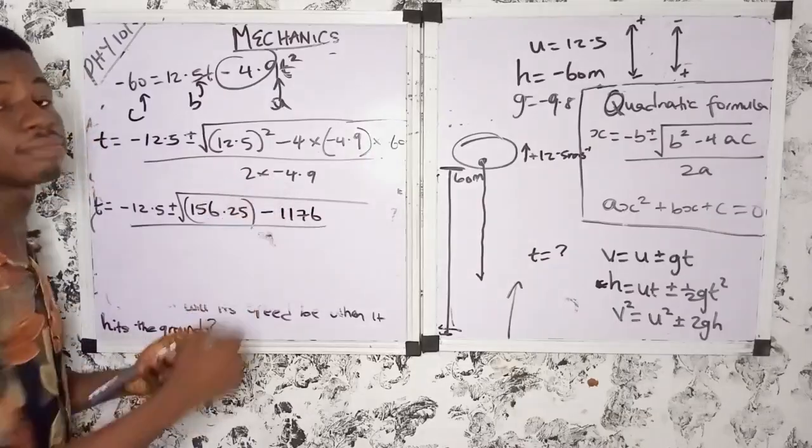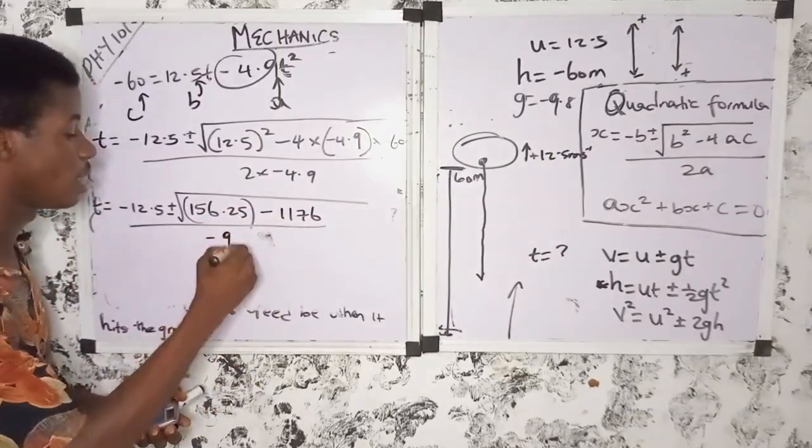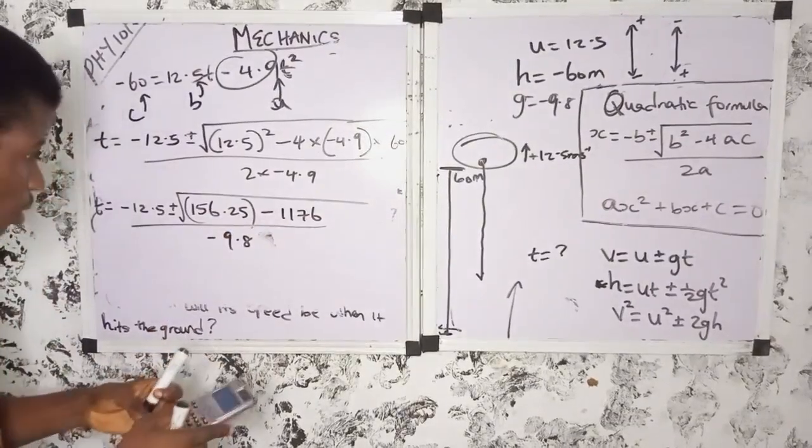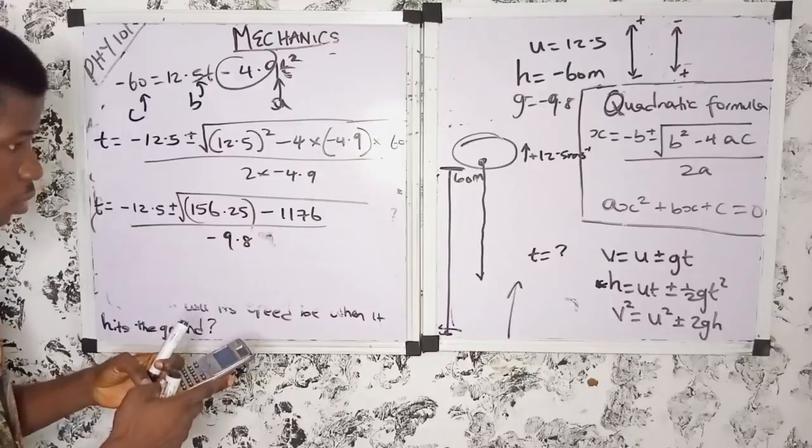All over 2 times minus 4.9, which will give us minus 9.8.